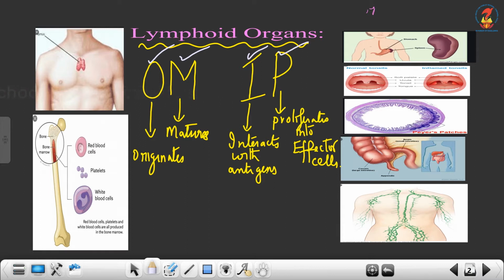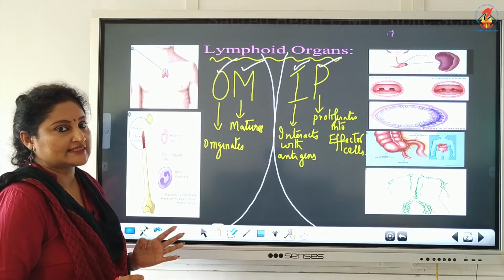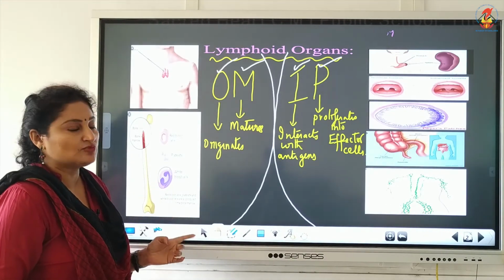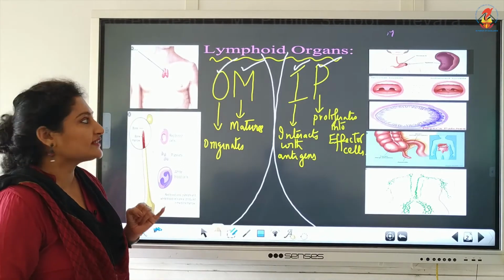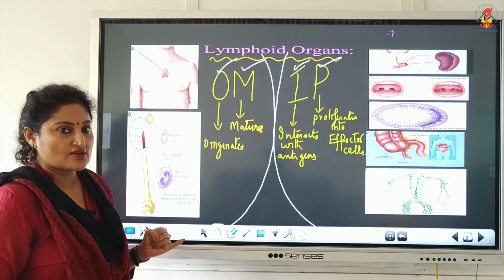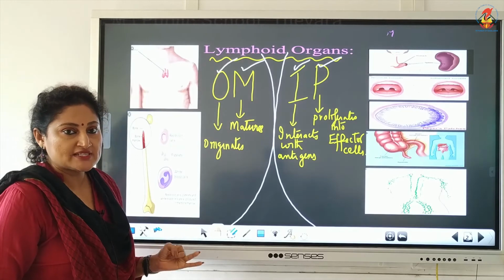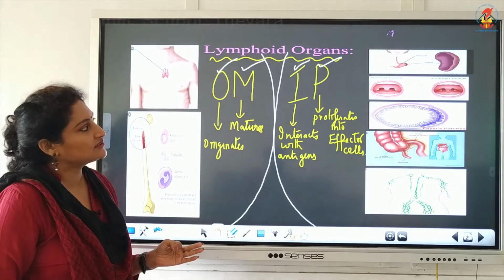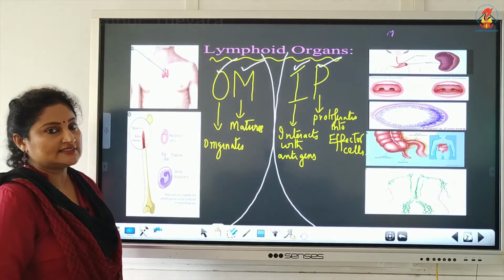Now I have left a gap between OM and IP because the first 2 events occur in the primary lymphoid organs and the last 2 events occur in the secondary lymphoid organs. That's why I have bifurcated it. But when you give the general definition, you have to give all the 4 processes at a stretch. Once again, I am reiterating what are lymphoid organs. Organs where lymphocytes originate, mature, interact with antigens and proliferate into effector cells.